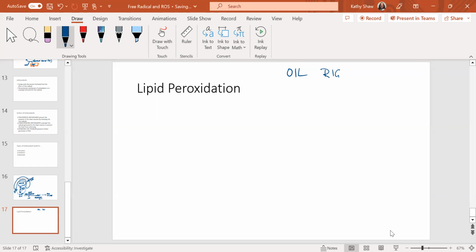So peroxidation is still losing an electron, but the intermediate being generated is that peroxyl radical that we were talking about. So when we're breaking down lipids by oxidation, we call it peroxidation because we're making that peroxyl radical in the middle.